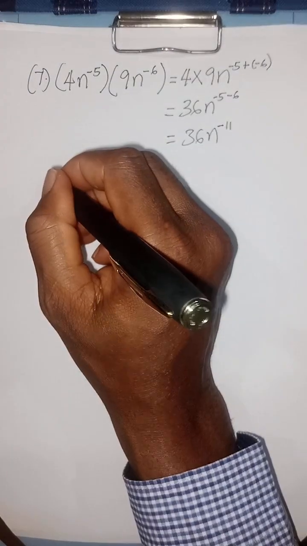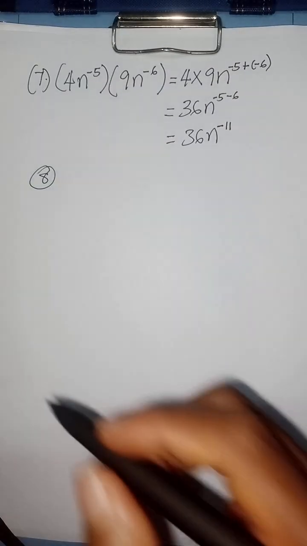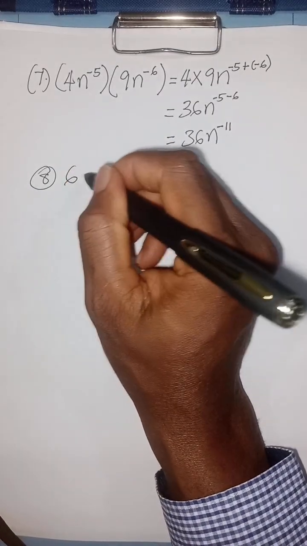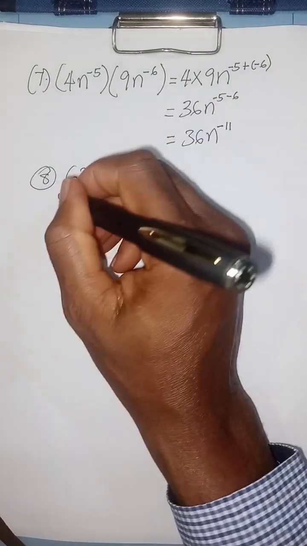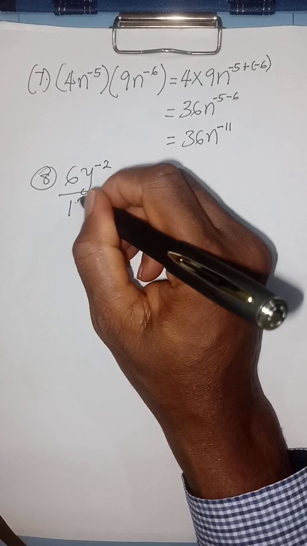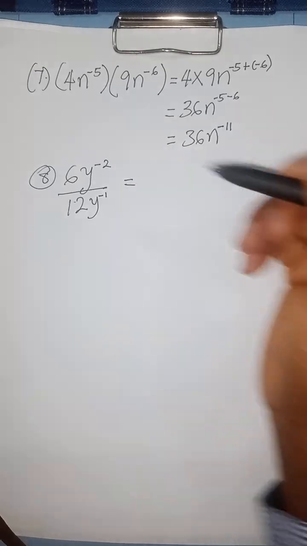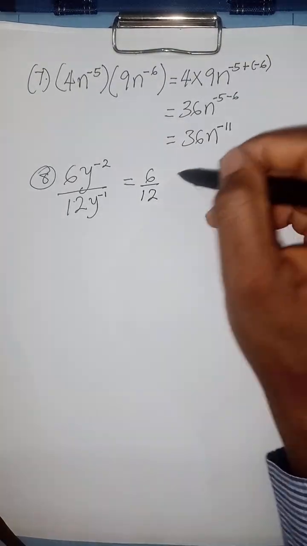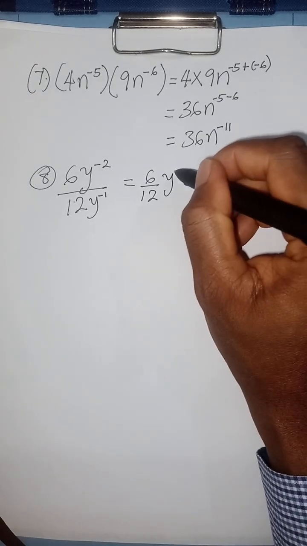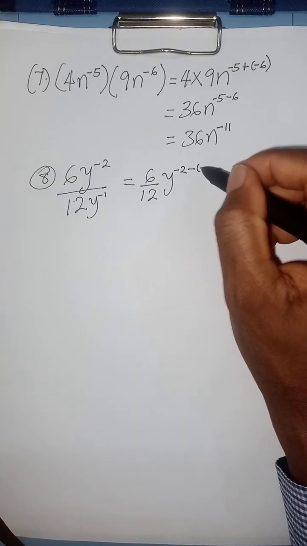So let's move to number 8. Number 8 question, I have 6y raised to the power minus 2 divide 12y raised to the power minus 1. This is 6 divide 12, y raised to the power minus 2, division it's minus 1.